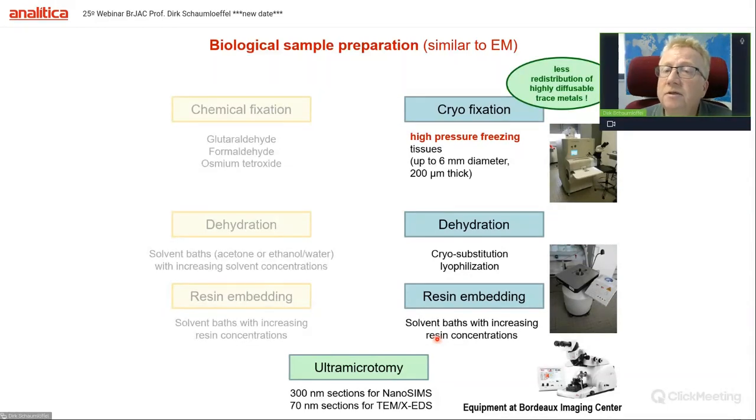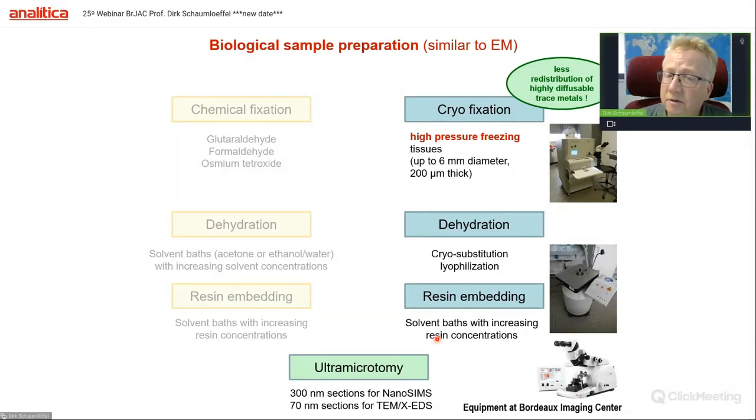And why do this cryofixation? Because when we want to look at trace metals, then we have less redistribution of the highly diffusible trace metals. With the chemical fixation, there's a risk that the trace metals which are not tightly bound are washed out. But with cryofixation, we are limiting this risk.